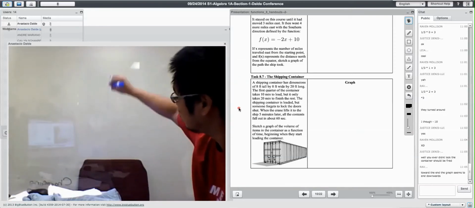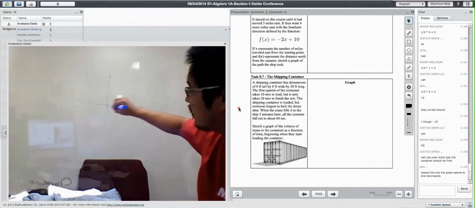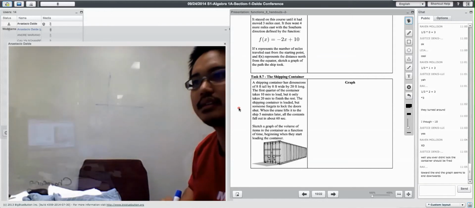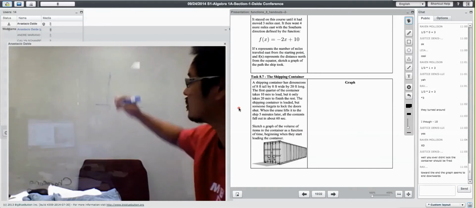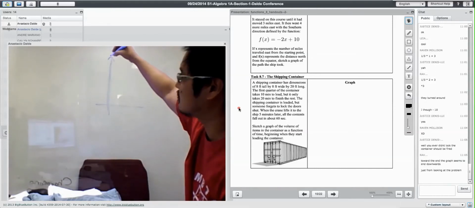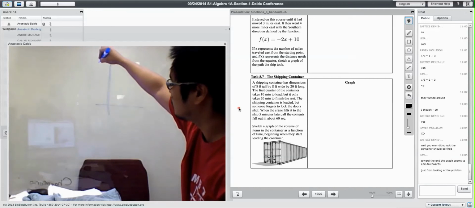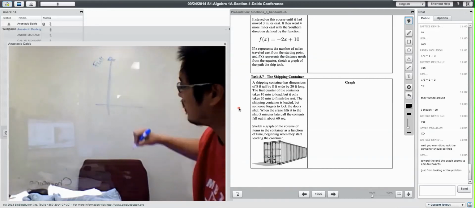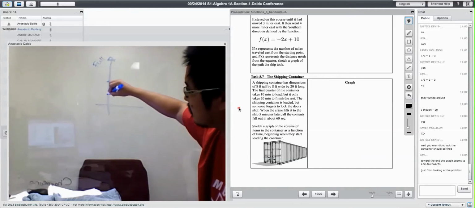If I have my graph here, all the way up here is full, and this is half full, and this is quarter full, 3/4 full. You guys get it?